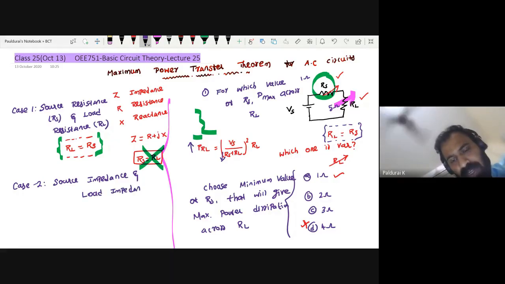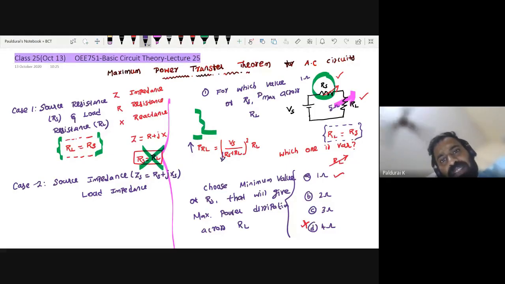So source impedance, can I take ZS? ZS will have real part as well as imaginary part. Take the real part as RS, imaginary part as XS. Load impedance ZL, so this time RL plus J times XL.